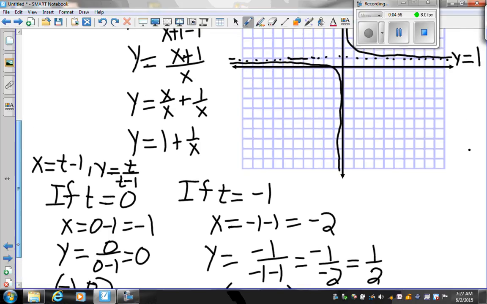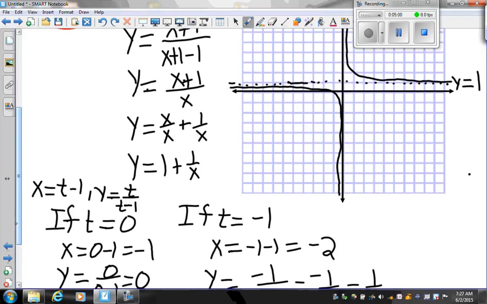So let's put these two on our graph. Negative 1, 0, and negative 2, 1/2.